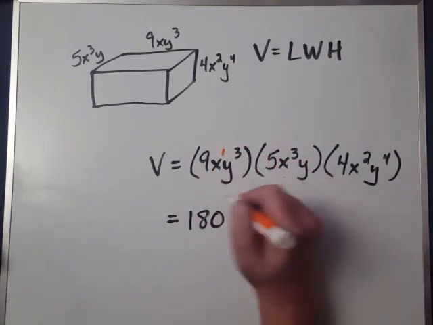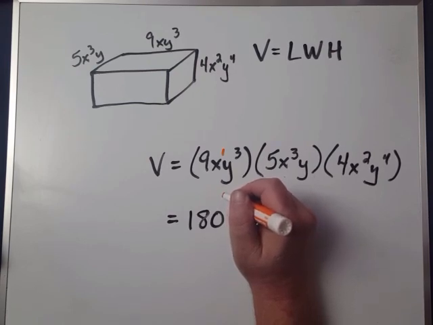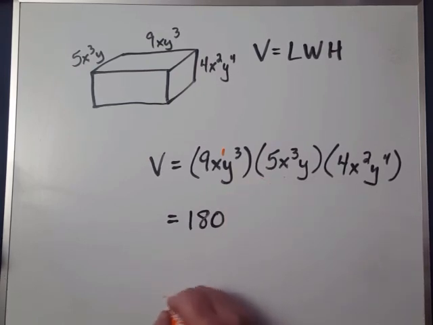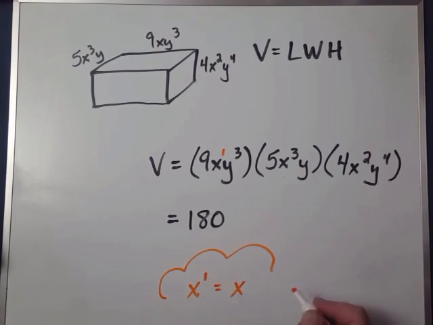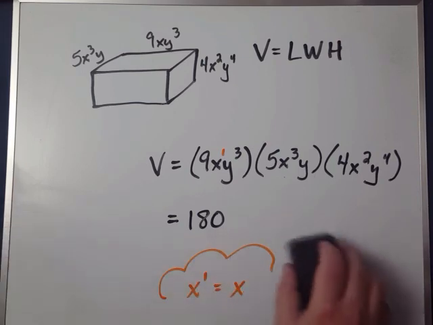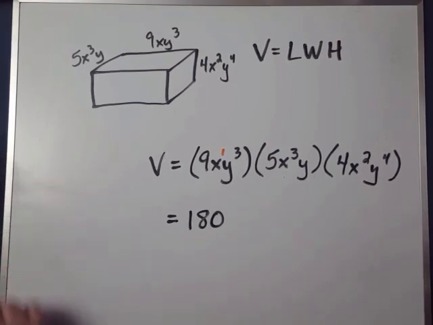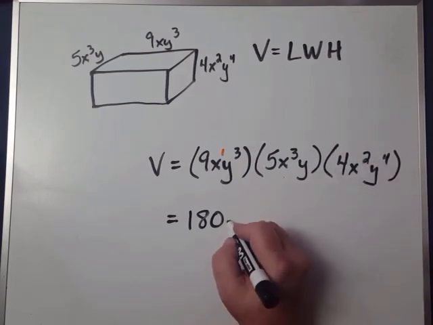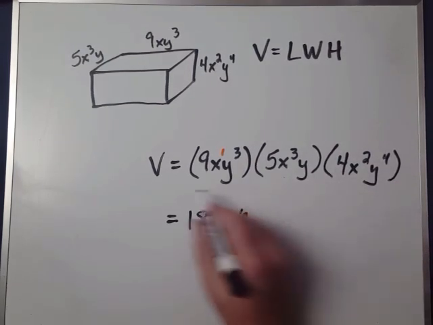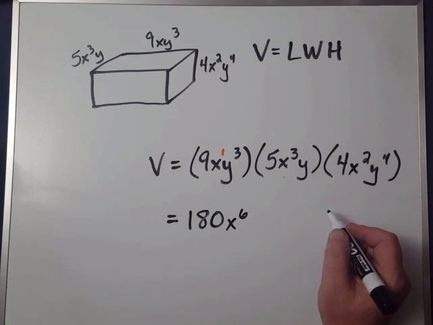That's a single factor of x. In other words, x to the first power means one factor of x. So an x by itself is x to the first power. 1 plus 3 plus 2, x to the 6th. We're just counting up how many factors of x there are total in that product. That's why that rule works the way it does.